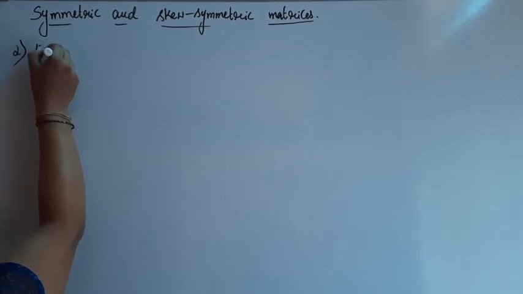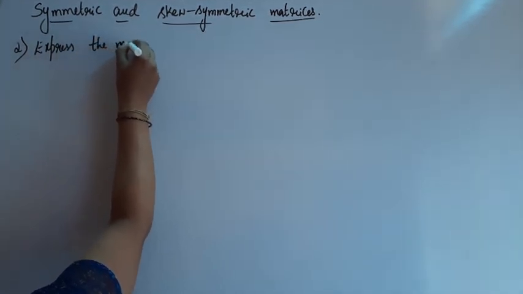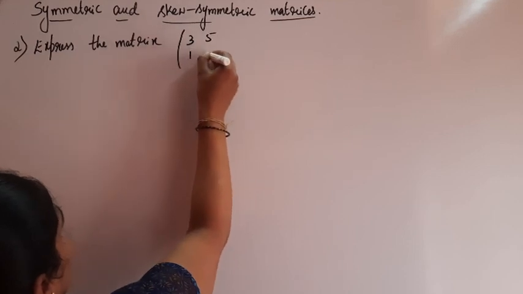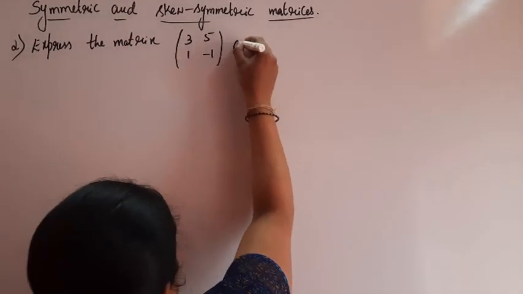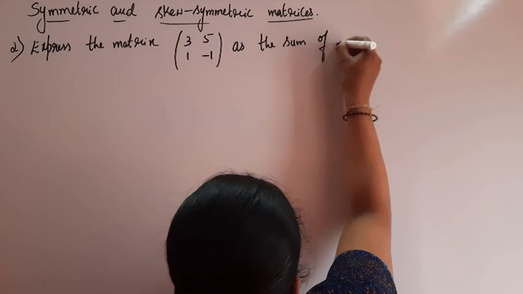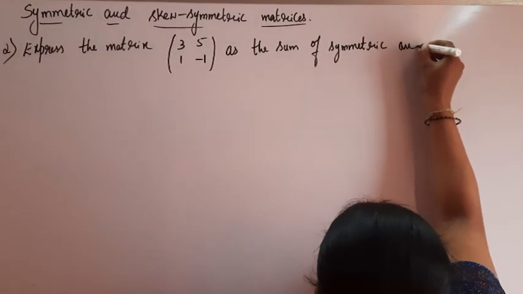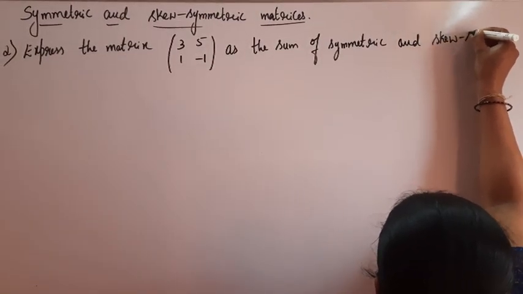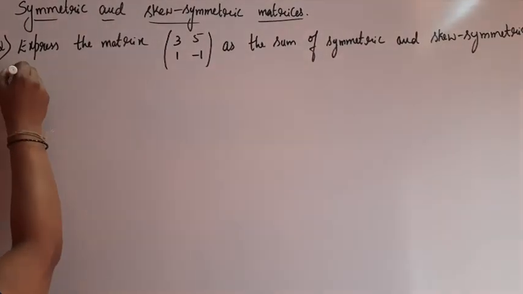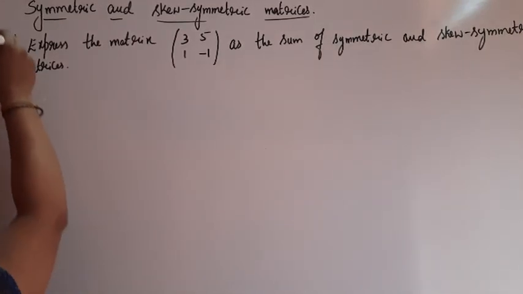Second one: express the matrix 3, 5, 1, minus 1 as the sum of symmetric and skew-symmetric matrices. Okay, so this is very important for 3 marks.